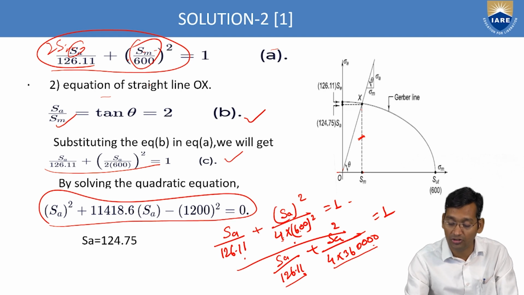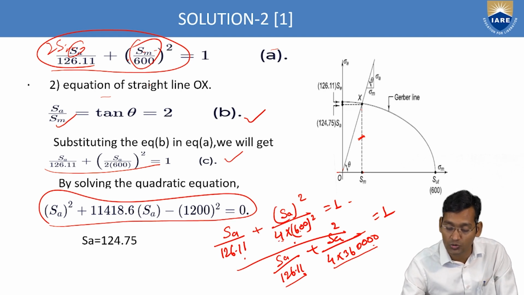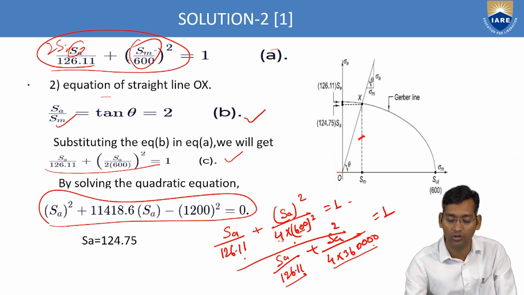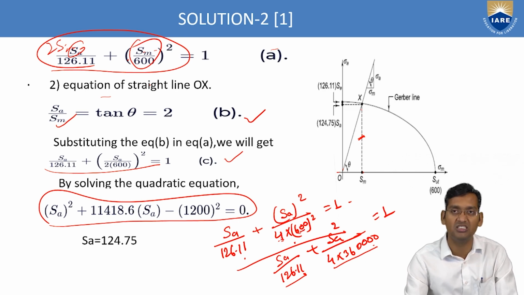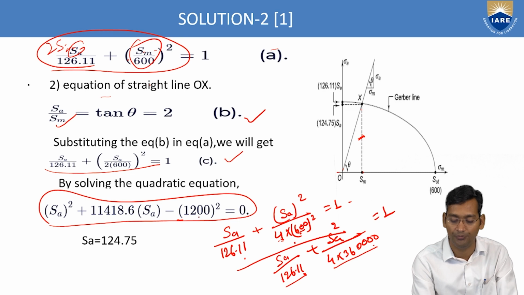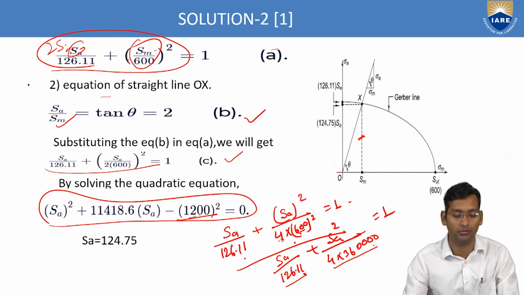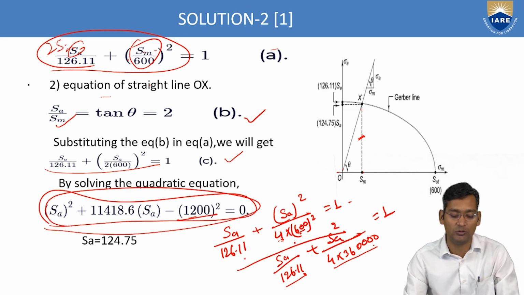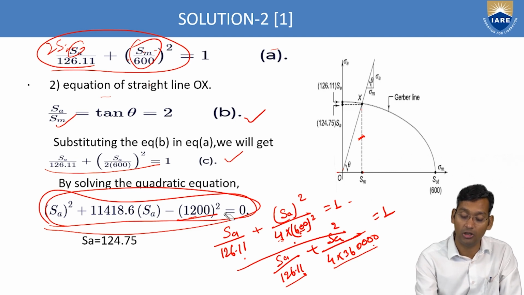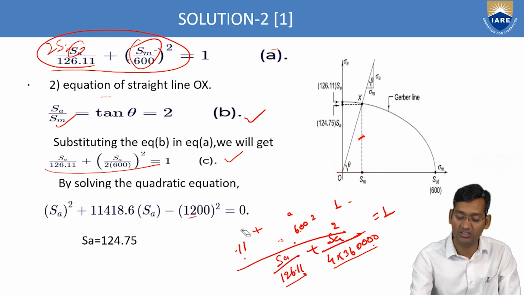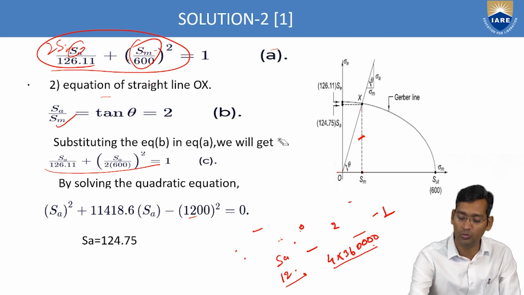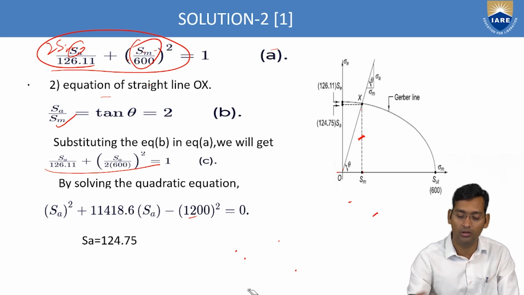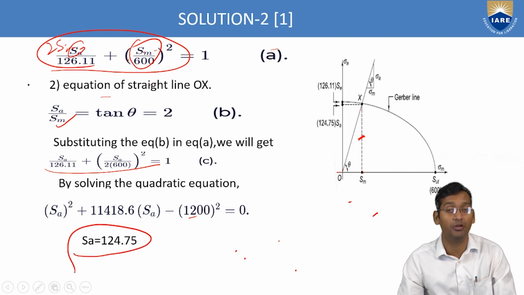Just take this side, or this you can say directly this as 2 square. So 4 into 4. The 2 into 600, that 1200 square, that is here. Like that also you can write. So after simplifying, you will get here SA square as 11418.6 SA minus 1200 whole square. So now this is a form of what? Quadratic equation. So once you have the quadratic equation, 2 values you will get. So what we are finding SA, so definitely that SA will be what? Positive value.